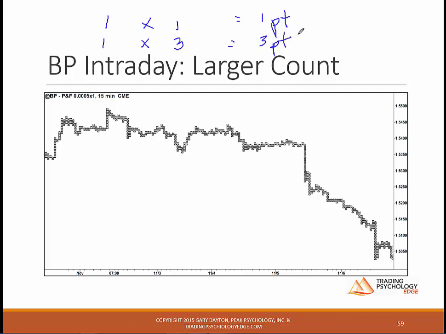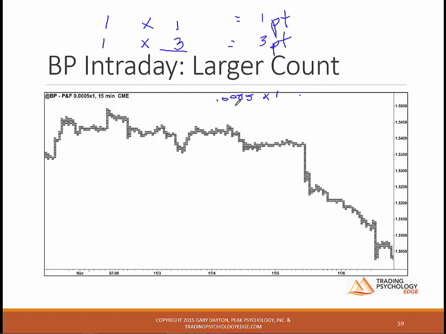So here we're using a 5 pip, which is 0.0005 by 1. So that's a 1-point or a 5 pip point and figure chart. We want to get to a 3-point figure chart, or a 3 pip. A 3-point figure chart.